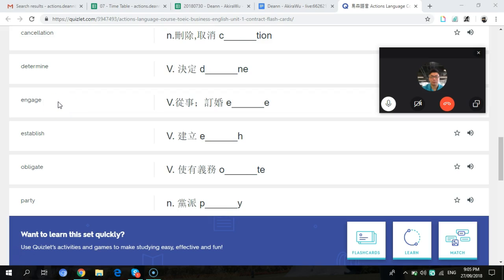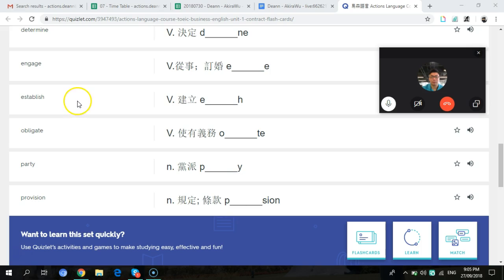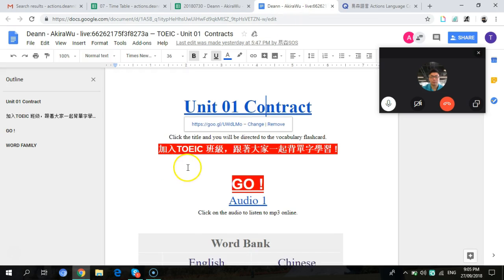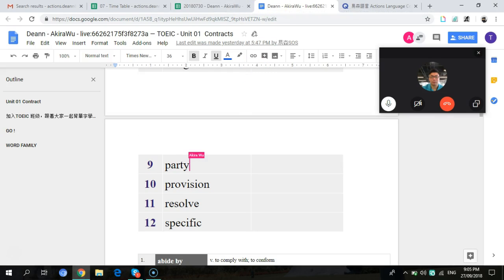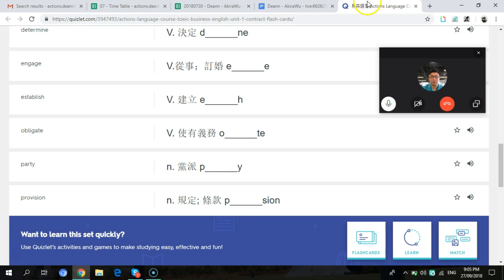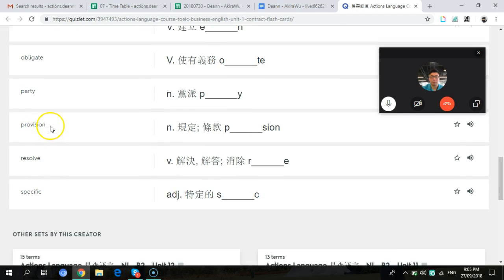Next is engage, establish, obligate, party, provision, resolve, and specific.